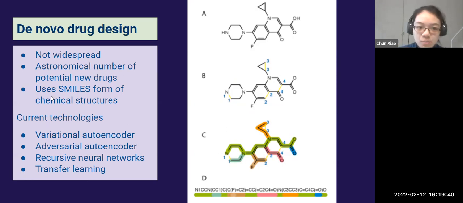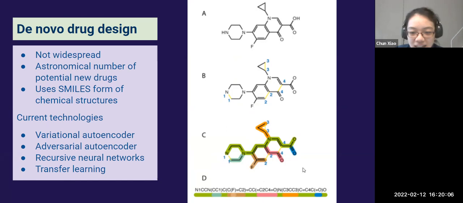So what I wanted to mention is that many of these machine learning algorithms will use the SMILES form of chemical structures. I thought that was important for you to understand. What is the SMILES form? Basically, as you can see here, here's the structure of a drug, for example. And then with a bit of processing, you can name the drug in a specific way that tells you the structure of it.